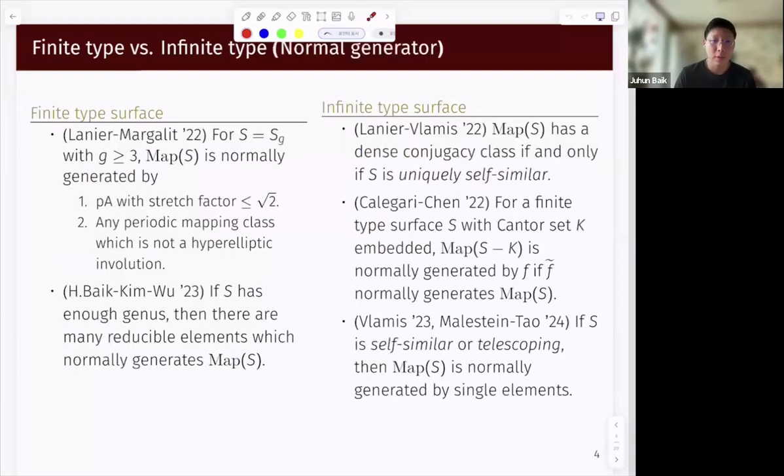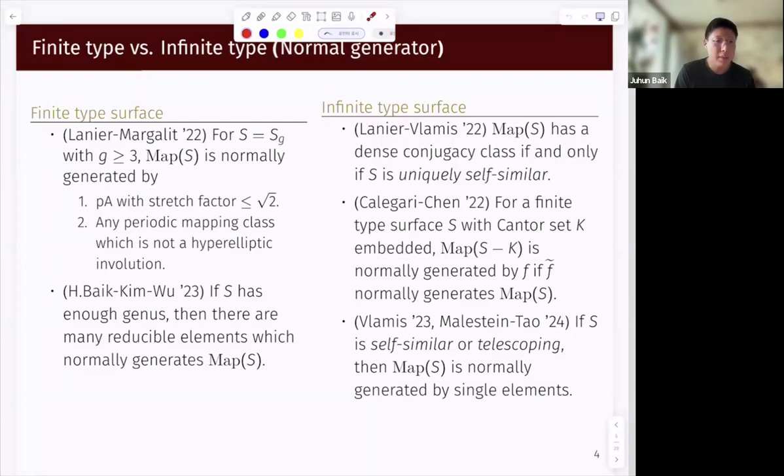So let's go to the normal generating aspects. That's what I want to talk about today. Let's see what happens on the finite type surface. Fortunately, Lanier and Margalit already proved that, under the same condition as in the perfect case, the mapping class group is normally generated by a pseudo-Anosov whose stretch factor is smaller than or equal to the square root of 2, and by any periodic mapping class which is not the hyperelliptic involution.